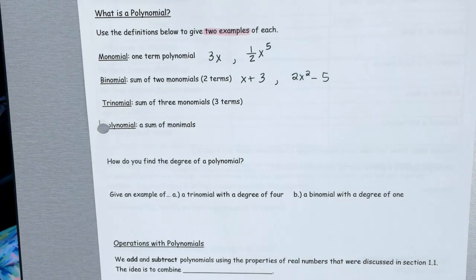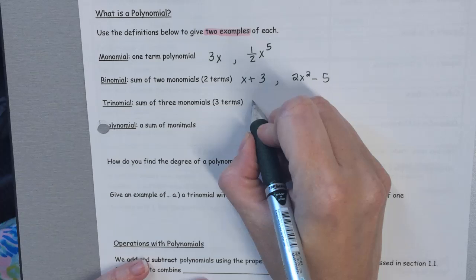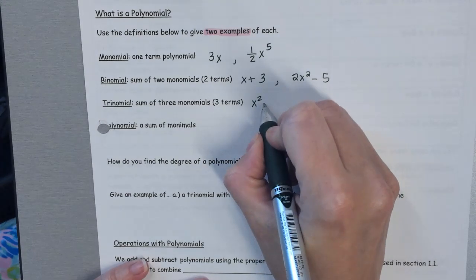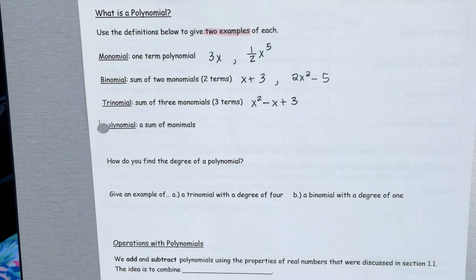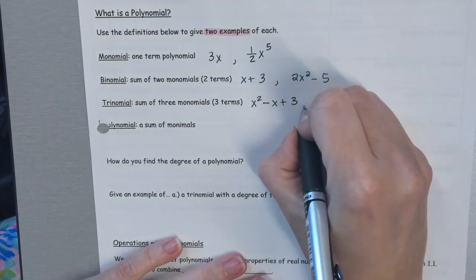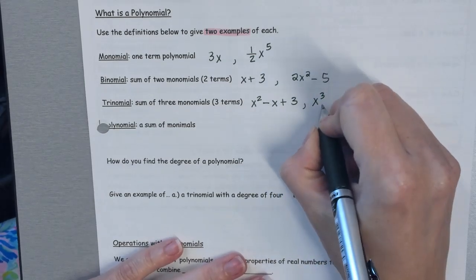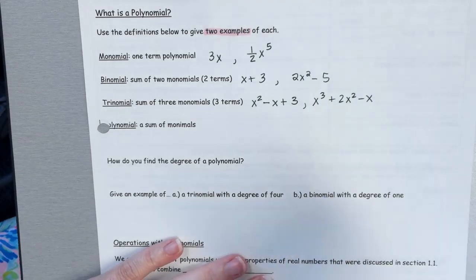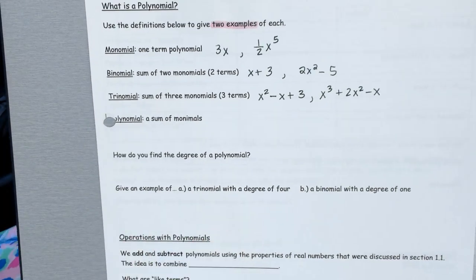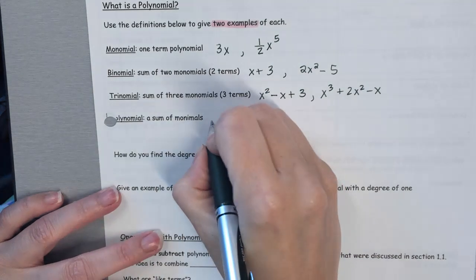Okay, a trinomial is going to have 3 terms. So these are the ones you guys are used to factoring, something like this. That would not be factorable, but that is the form. You can also have like a cubic trinomial. Okay, and then anything that has more than 3 terms is just a polynomial with that many terms.